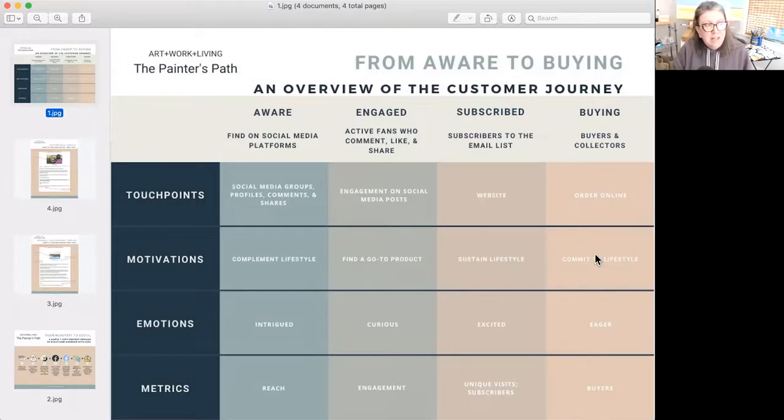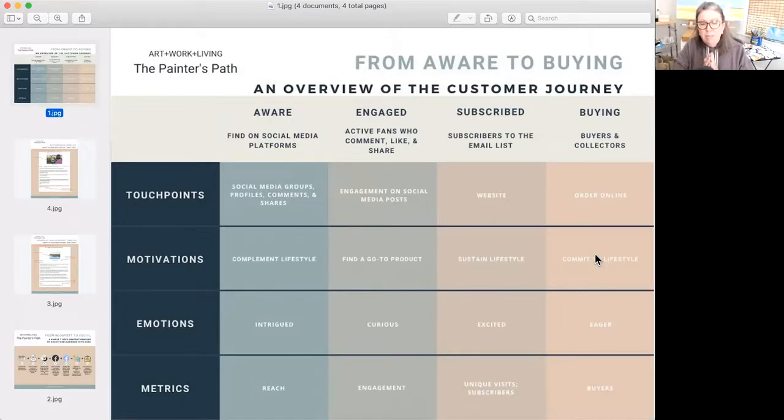Their motivation is that they're committed to the lifestyle, to the ideas that your art embodies, to the transformation that your art offers. They're eager and enthusiastic. And ideally, they're becoming one of your true fans, which means they will purchase again and again and again. Repeat buyers are the heart of a sustainable business. So the metric that you would use here is the number of purchasers.